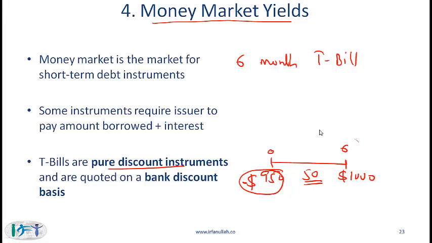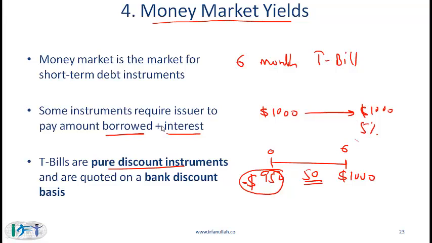The market where a T-bill such as this trades would be called a money market. We also have short-term instruments which are based on a borrowed amount plus interest. So it is possible that a company issues a short-term bond where the company borrows $1,000 initially and then pays back $1,000 plus 5% interest at the end of 1 year.